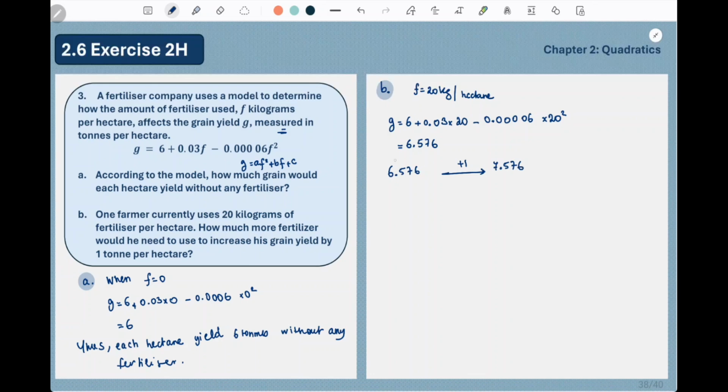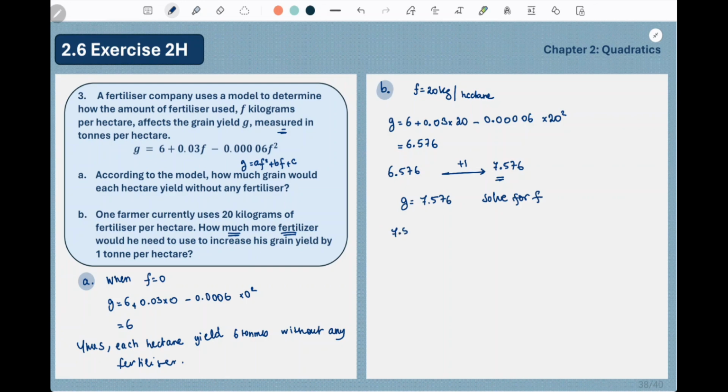Given this value, how much fertilizer is going to be used? Because what we're looking for is how much more fertilizer he would need to do that. So given G equals 7.576, solve for F. Given one variable, we can find the other.